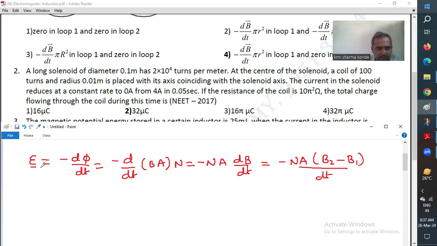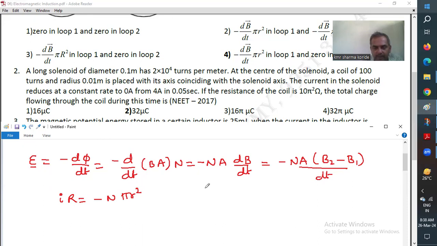On the other side, EMF is numerically equal to potential difference, so making use of Ohm's law, I into R. So minus N A. Let us write A as pi r square, because number of turns per meter.